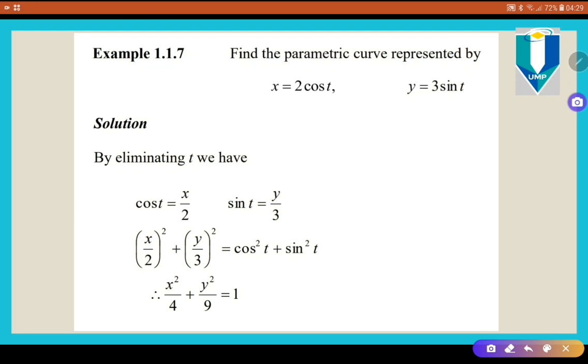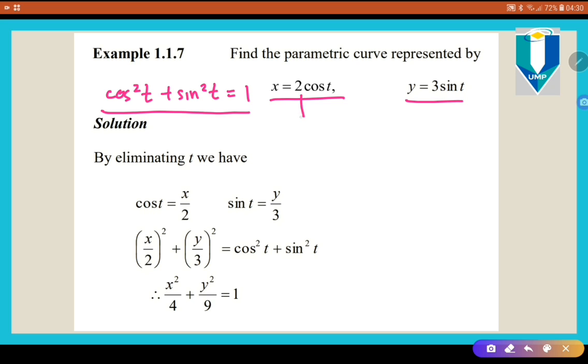For example 1.1.6, I'll show in class. In this video, I'll show you example 1.1.7. Find the parametric curve represented by x equivalent to 2 cos t, y equivalent to 3 sin t. We know that cos squared t plus sine squared t is equivalent to 1. So to get rid of this t, we will use this equation.